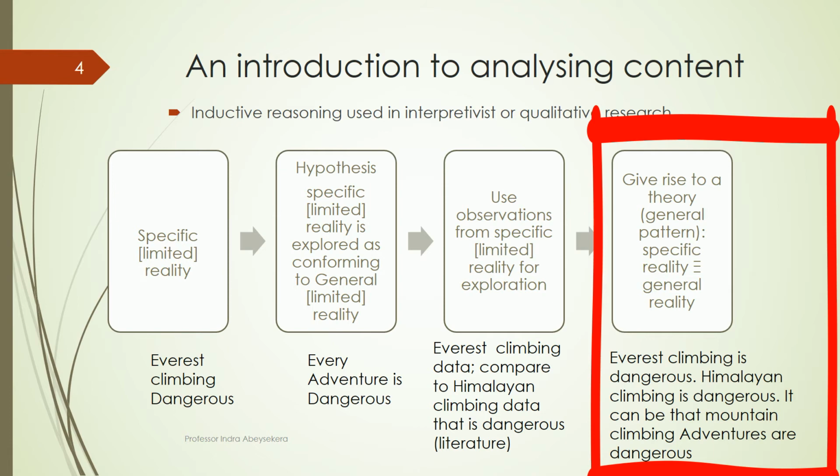It can be that mountain climbing adventures are dangerous. So mountain climbing adventures are dangerous is a general limited reality which can be a theory. The specific realities are conforming and converging towards a general pattern that can give rise to a theory.